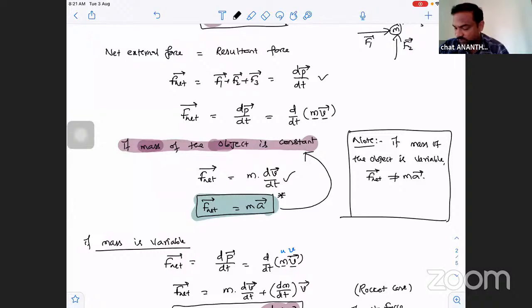Nikhil, tell me where is the exact problem, I'll explain. Nikhil, unmute yourself. You joined later, Nikhil. Already I explained that part, and I went to the third law.